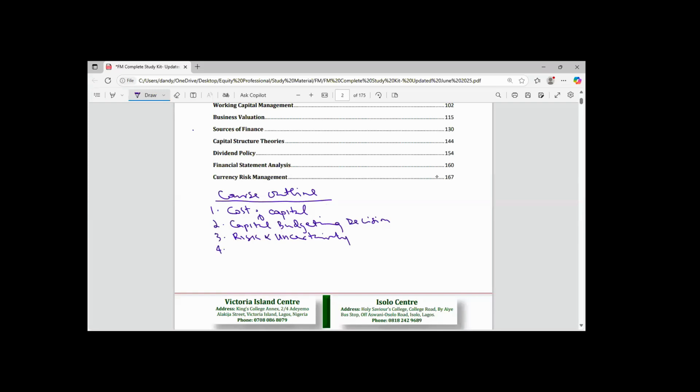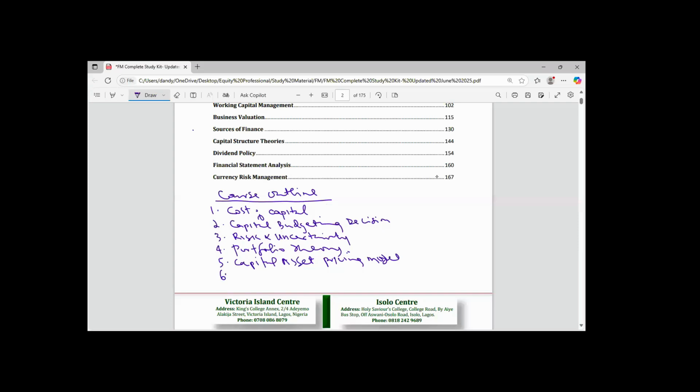Then number four, I will take you through portfolio theory. Then I will also take you through the capital asset pricing model, which we call CAPM.